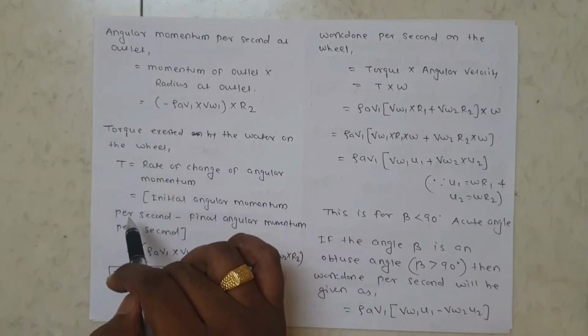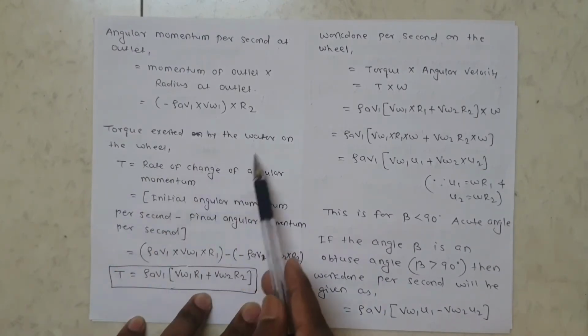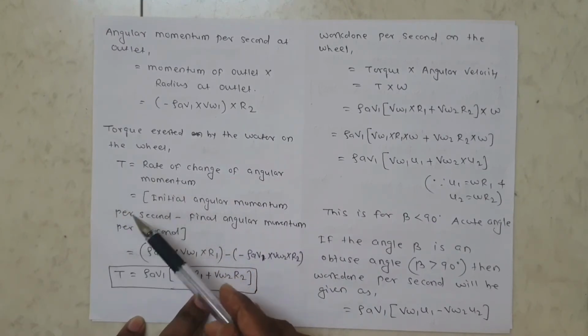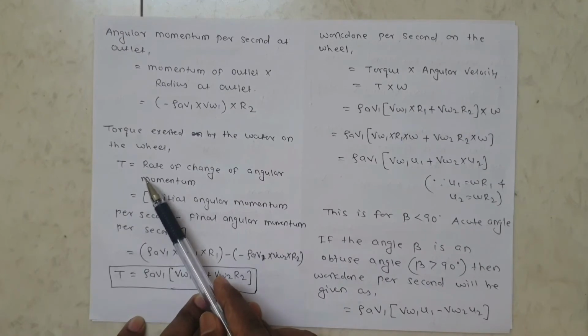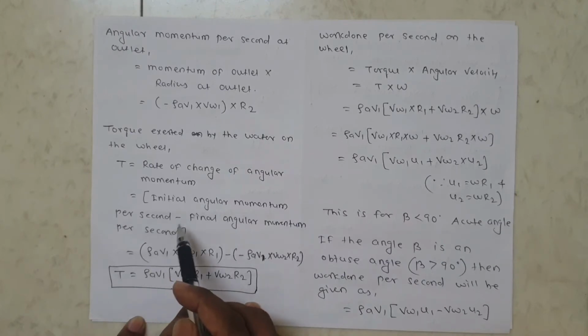The torque is equal to the rate of change of angular momentum. We are finding the torque exerted by water on the wheel. That torque is equal to the rate of change of angular momentum, which is the initial angular momentum per second minus the final angular momentum per second.